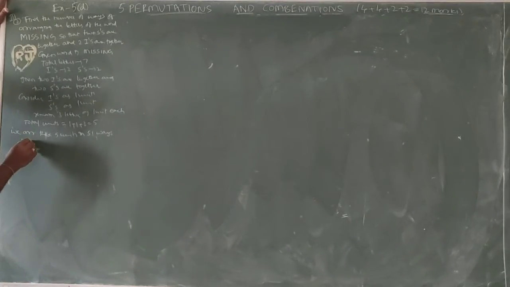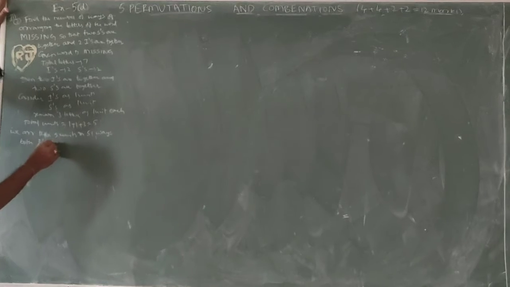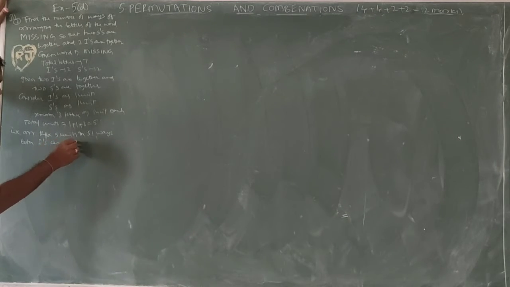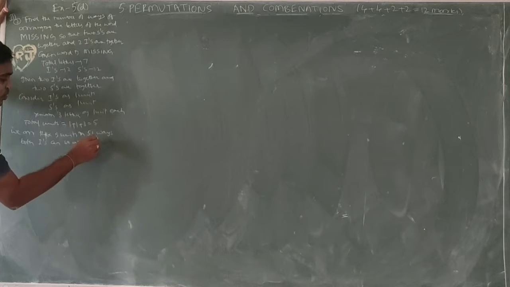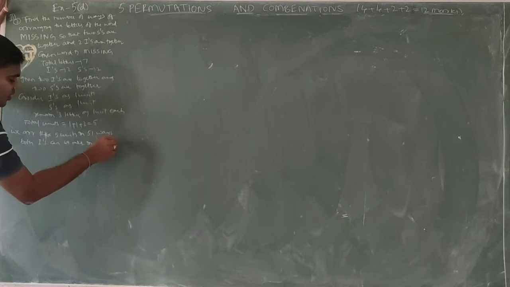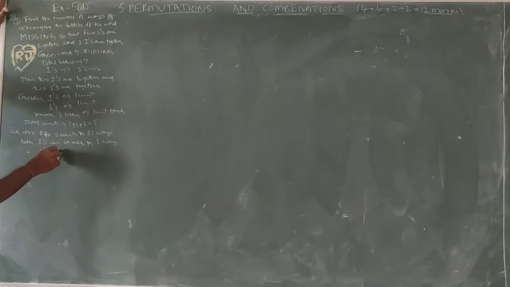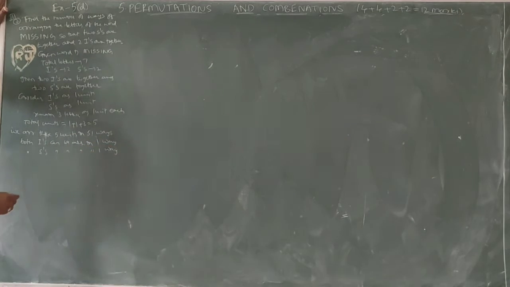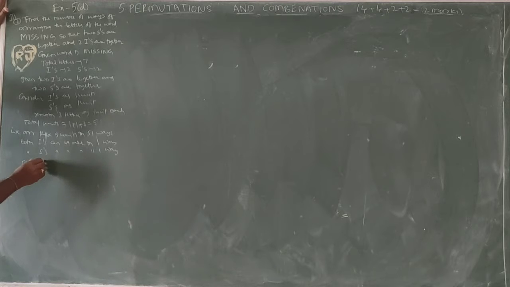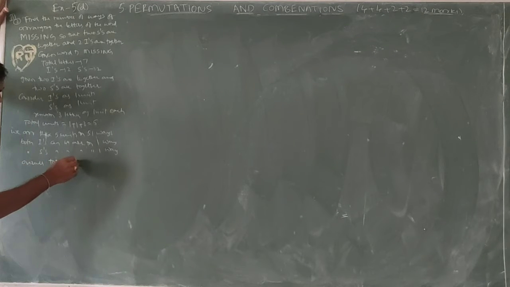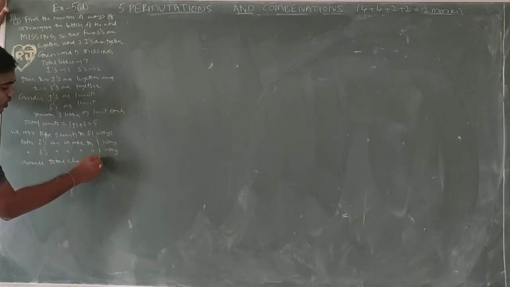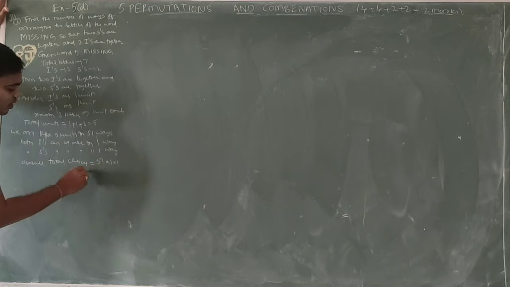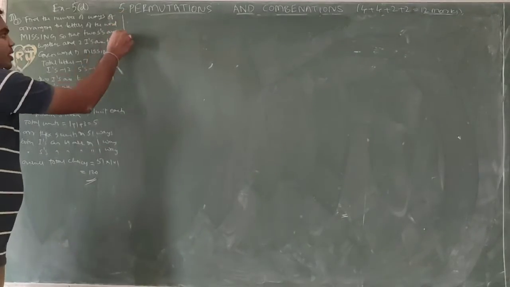So both I's can be arranged in one way, and both S's can be arranged in one way. Overall, total choices equal 5 factorial into 1 into 1, equal to 120. So the number of ways is 120.